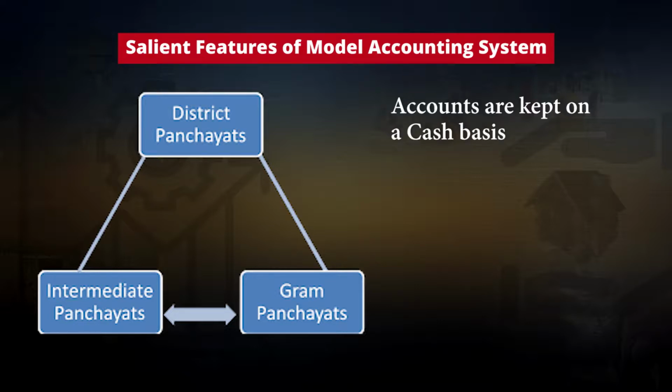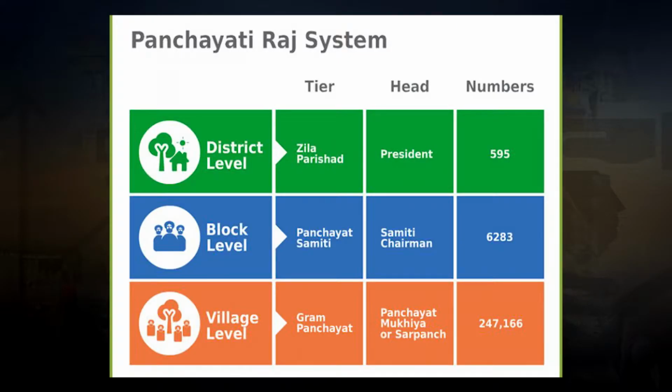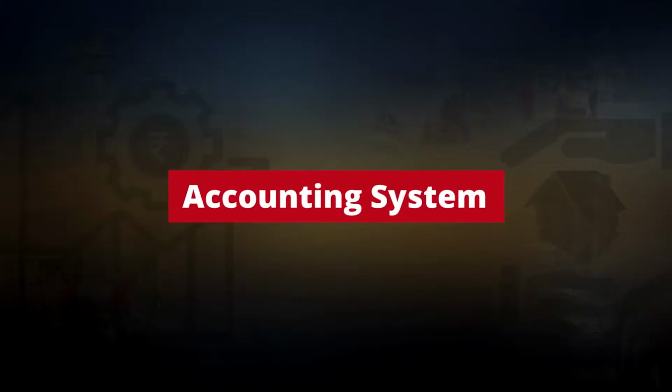All the accounts are kept on a cash basis. The period of accounts is a financial year ending 31st March. All financial transactions of Panchayats are classified under a three-tier structure and codified. Finally, the accounting system provides the basis for budgetary control.